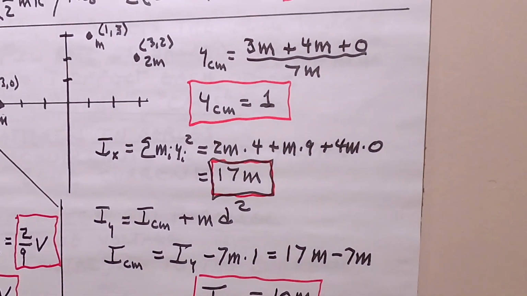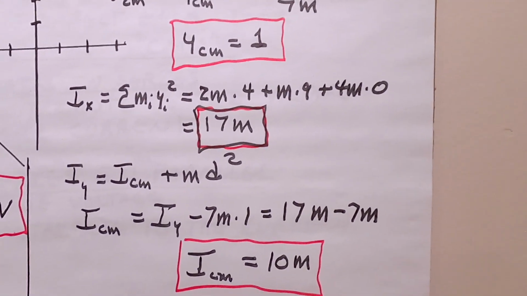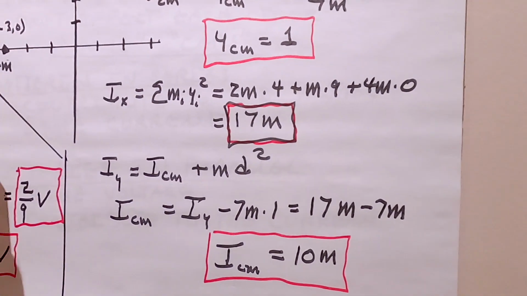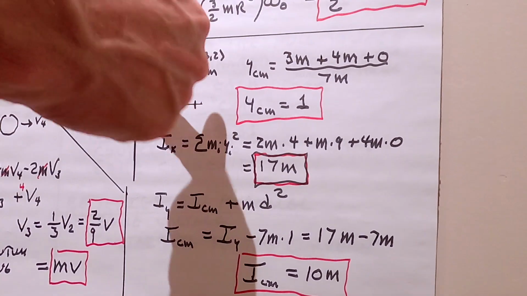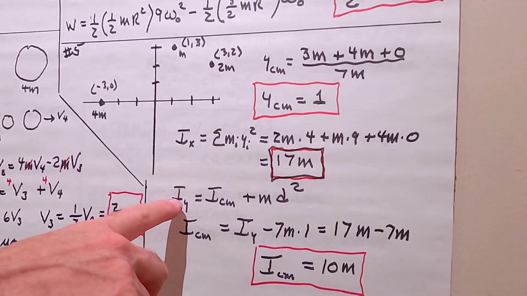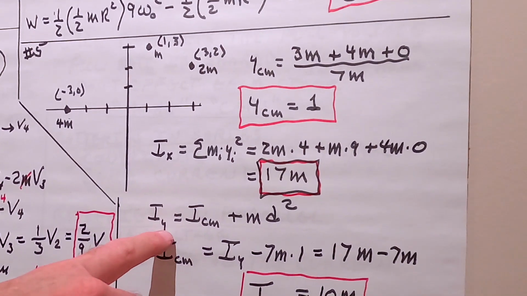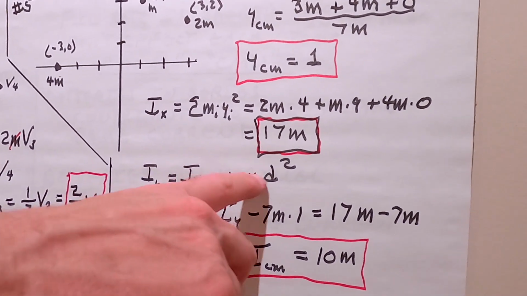And then the last one is: determine the moment of inertia about a line parallel to the x-axis, but passing through the center of mass. So we're really looking at a line going right through y equals 1 right here. We could have just figured out what the radii were, but I figured I'll use the parallel axis theorem. We do know that the I about the x is equal to I about the center of mass plus md squared.